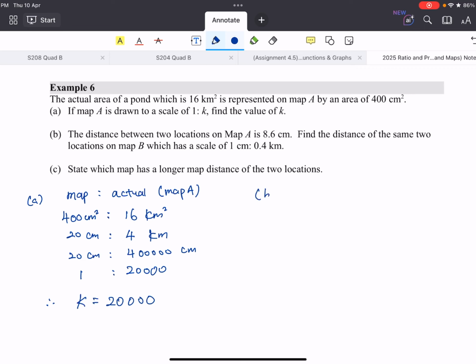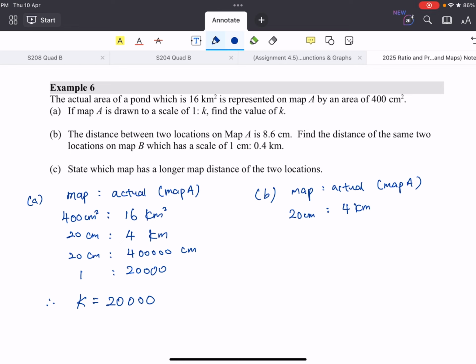Part B, the distance between two locations on map A is 8.6. Find the distance of the same two locations on map B. So what we need to do is we need to find the actual first, right? So map, actual. Now we start from map A, right? So we have 20 cm is represented by 4 kilometer, which is fine, right?